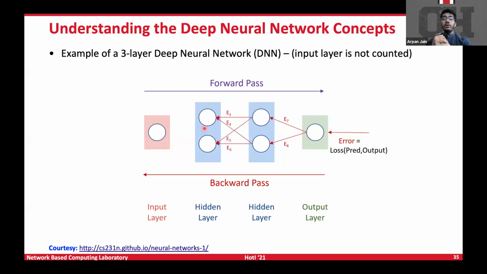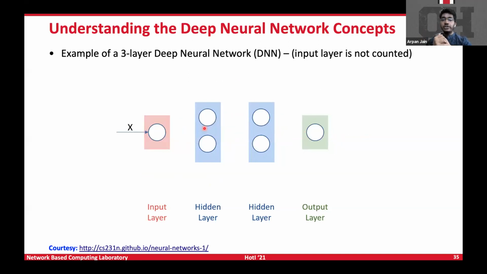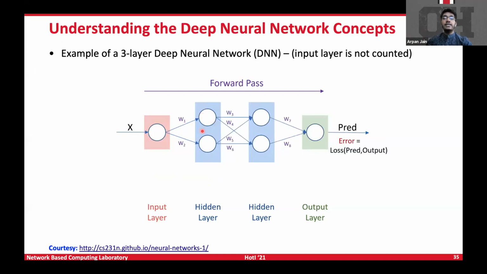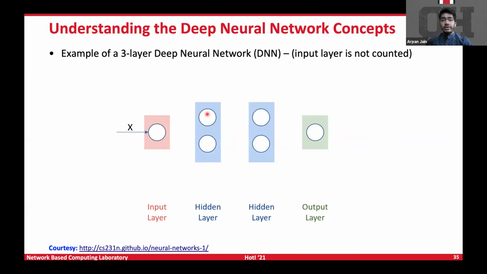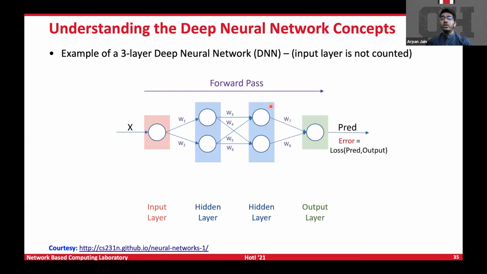I'm going to tell you about what these mathematical functions are. You can imagine these circles as neurons, which are some mathematical functions, and you give the input to these functions and calculate the output. In the same way, you will calculate the output for this layer.